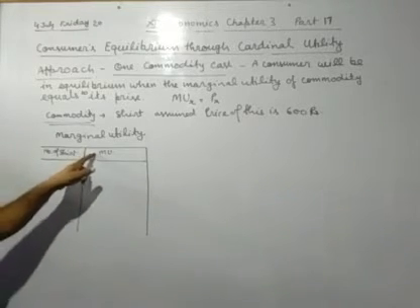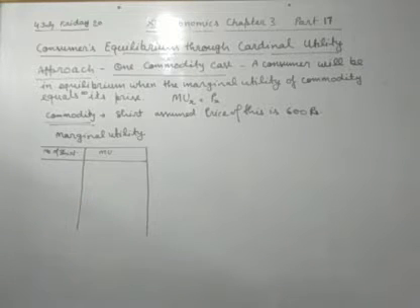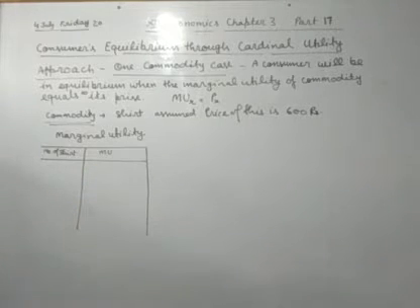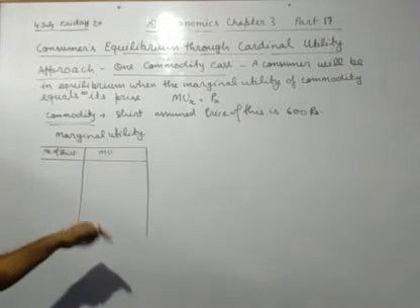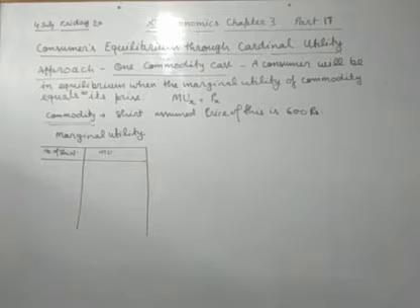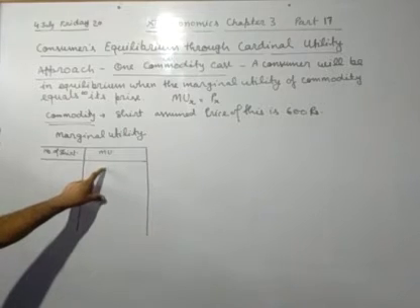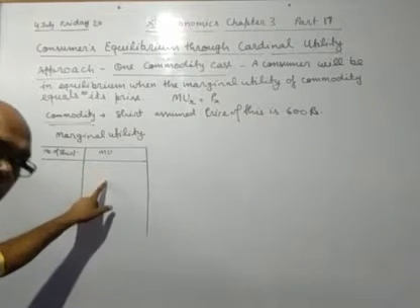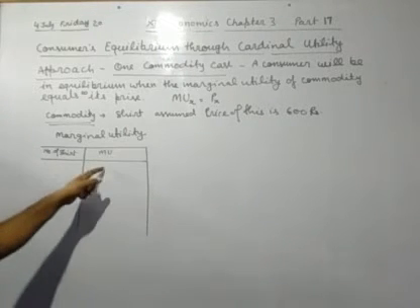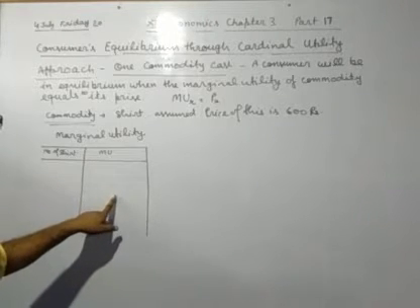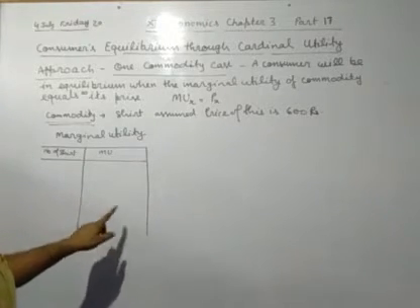Marginal utility will always be in decreasing order. Keep this in mind. It becomes 0 and after that it becomes negative. So whatever marginal utility you take should come in decreasing order, then 0, and then negative.